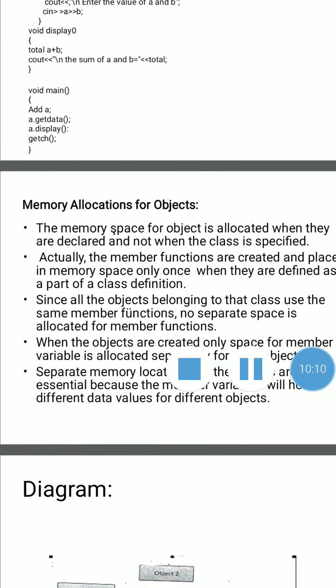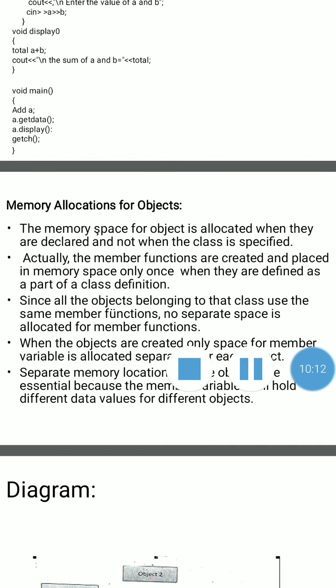The next important topic in C++ is memory allocation for objects. Normally in C programs we learn about memory allocation for variables. When we declare variables, integer a and b, memory is created for a and b, 2 bytes each. That's why 2 bytes of memory will be created for a, and 2 bytes for b.